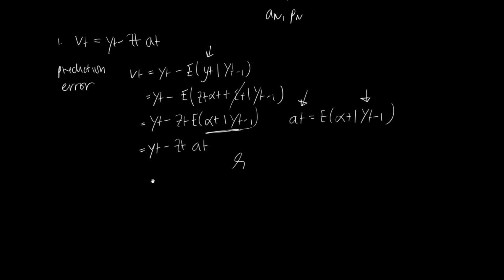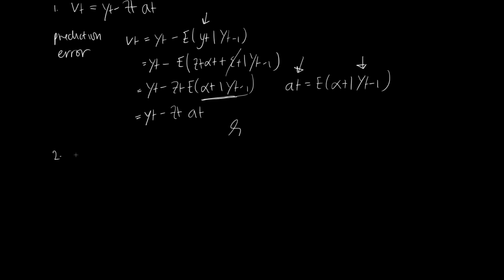That's the first one. For the second one, we have to derive the variance of v_t given y_{t-1}. If we plug in our previous result, we find the variance of y_t - Z_t a_t given y_{t-1}.